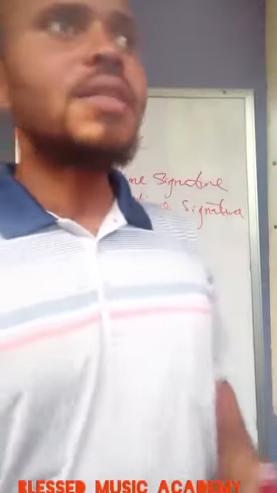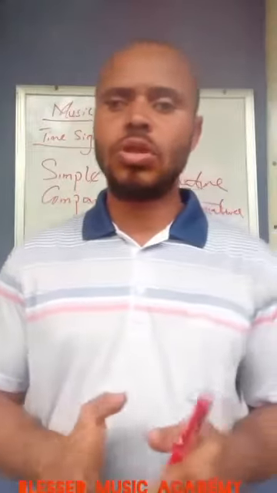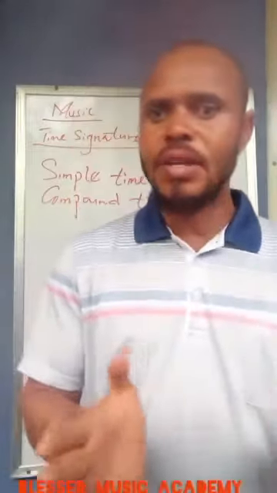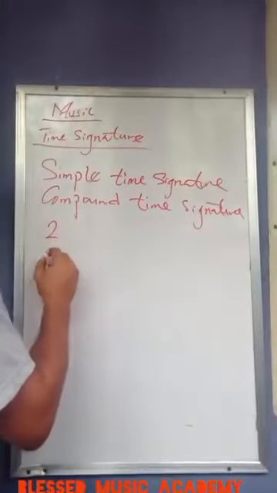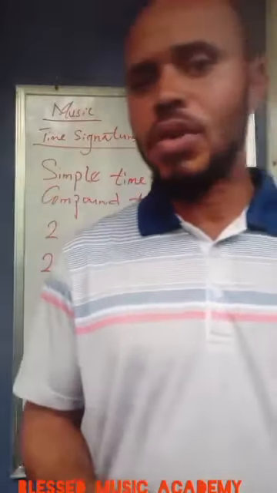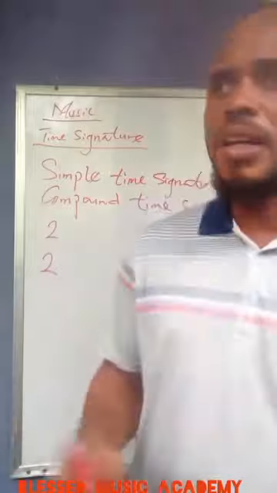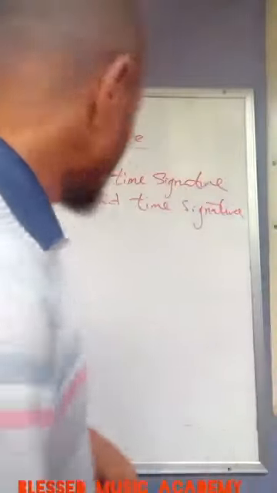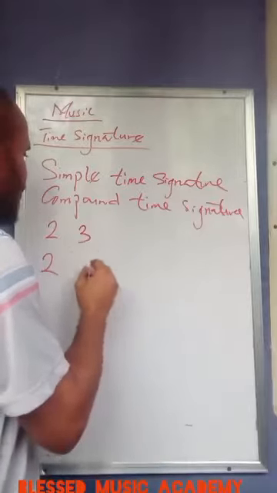Now, this time signature is common to some songs that you listen to. For example, we have what we call 2/2. Some people call it 2/2, but it is not 2/2. The right pronunciation is 2/2. We have 3/4.